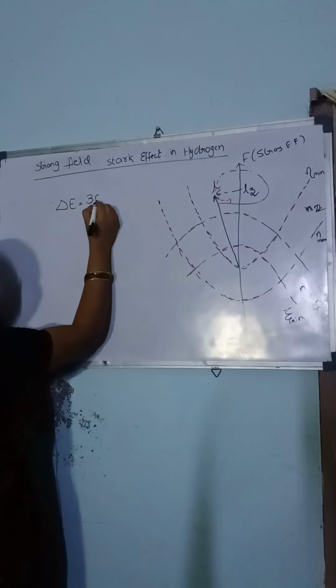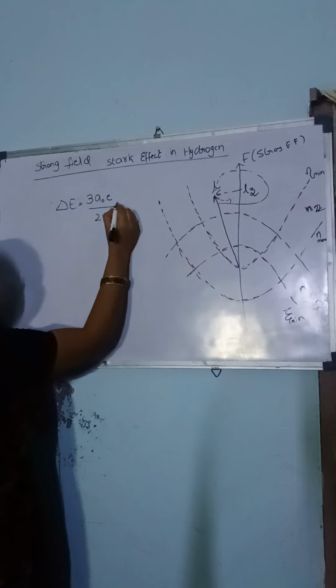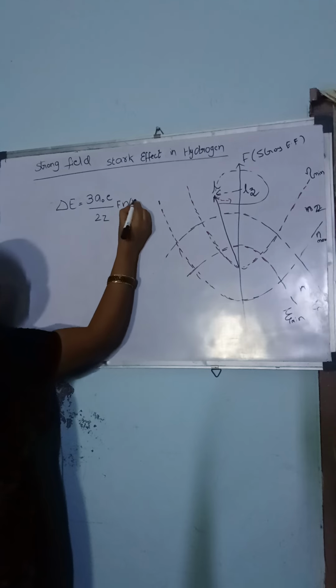Here delta E is equal to 3 a0 e by 2Z F n into (n2 minus n1).